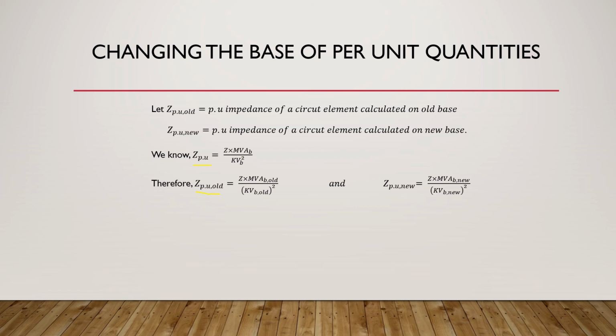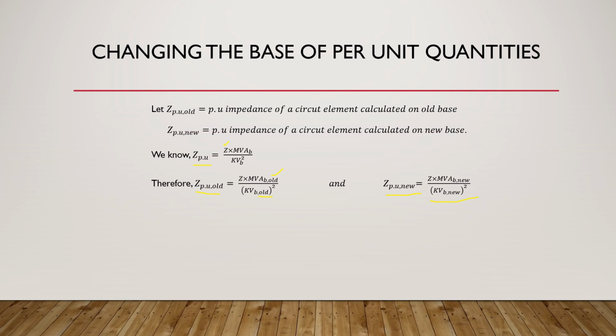The actual value won't change. The MVA base we keep as the old value, and kVB square we substitute with kVB old square. Similarly, do the same with the new. So you got two relations.